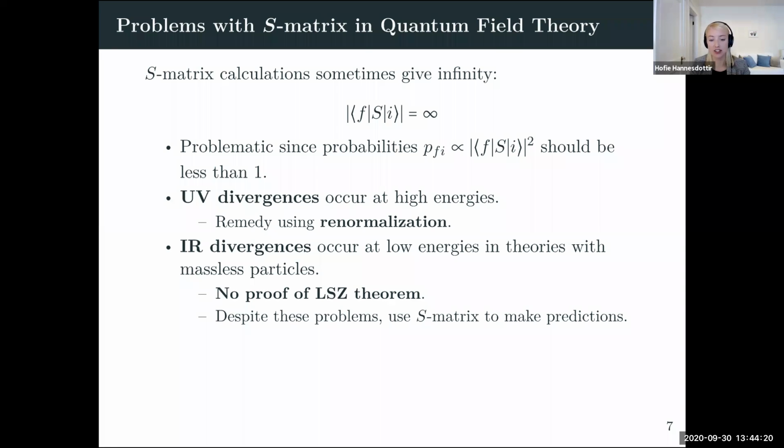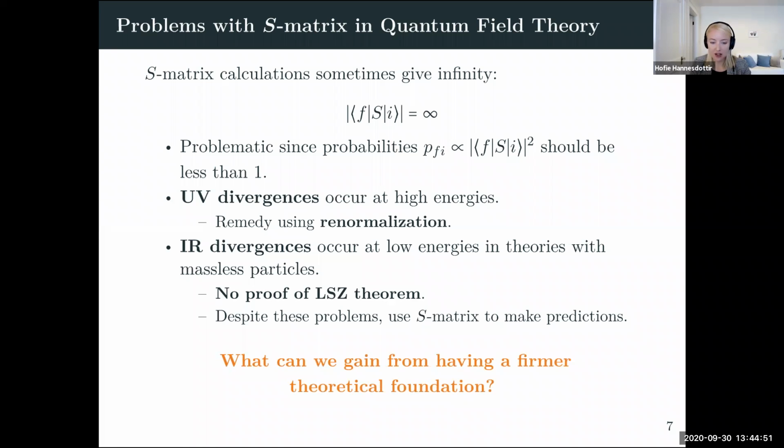But IR divergences occur at low energies when we have massless particles, and we cannot use the same argument there. The argument that we use for UV divergences is that our theory at low energies should be independent of what happens at high energies. But these divergences occur at low energies. In that case, we actually have no proof of the LSZ theorem, but we still use the S-matrix to make predictions. So one of the questions we wanted to ask again was, what can we gain from having a firmer theoretical foundation from the outset?